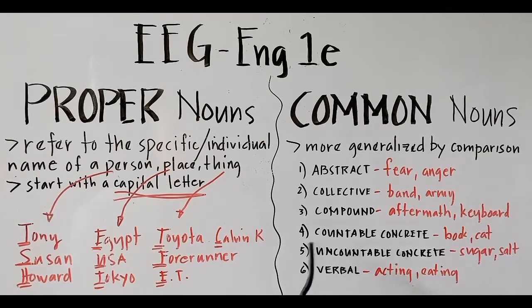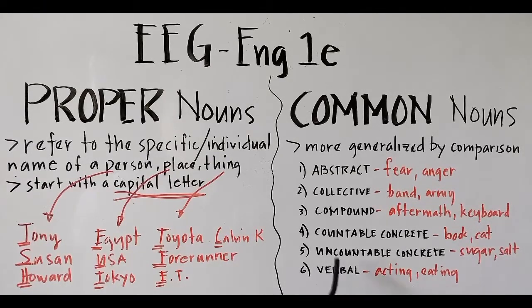Now let's go to countable concrete. Countable concrete is a noun that you can count. If you can count this noun, you can add the letter S to make it plural or many. Just like book, books, and cat, cats. So they can be counted.